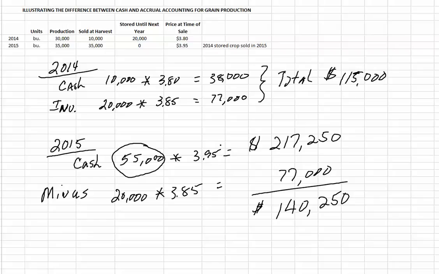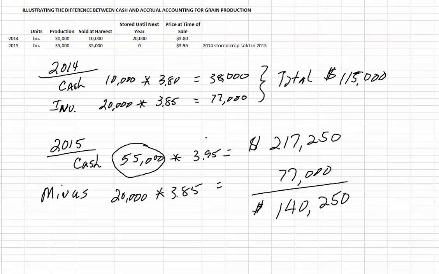The grain was valued at 3.85 at the end of 2014 and it sold for 3.95, a 10-cent increase. Some people wonder, wait a minute, why wouldn't that 10-cent increase go back to 2014? Well, that wouldn't be accurate because that 10-cent increase happened in 2015.